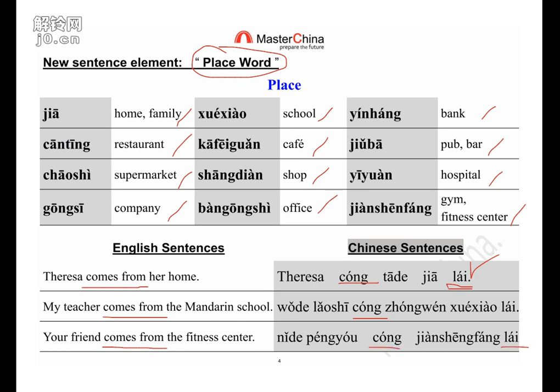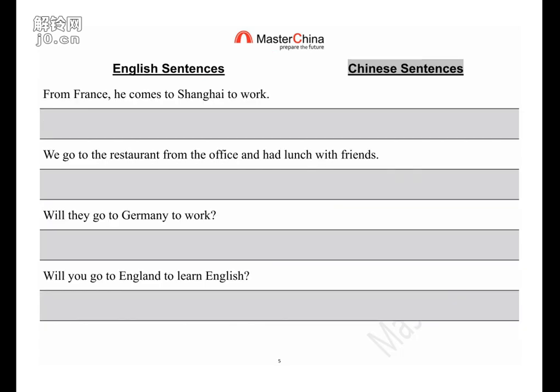Okay, so we understand this simple phrase. This phrase still follows our Chinese logic. Let's do more complicated work. I give you 4 sentences here. I hope that you can think about my principle, then translate yourself. Please pause this video temporarily and we check your work together in the next page.